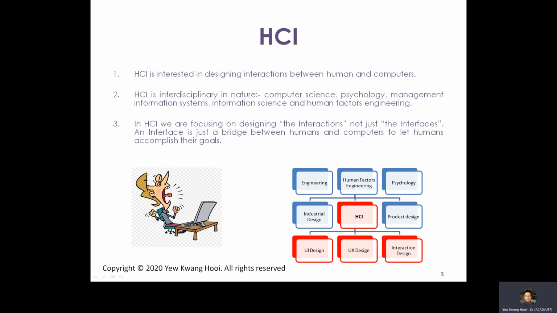Maybe you would notice some well-designed software will capture your attention better than other software because of the user interface. These are all human factors. So you need to know about human factors in HCI, not just about the software, but the human factors as well.